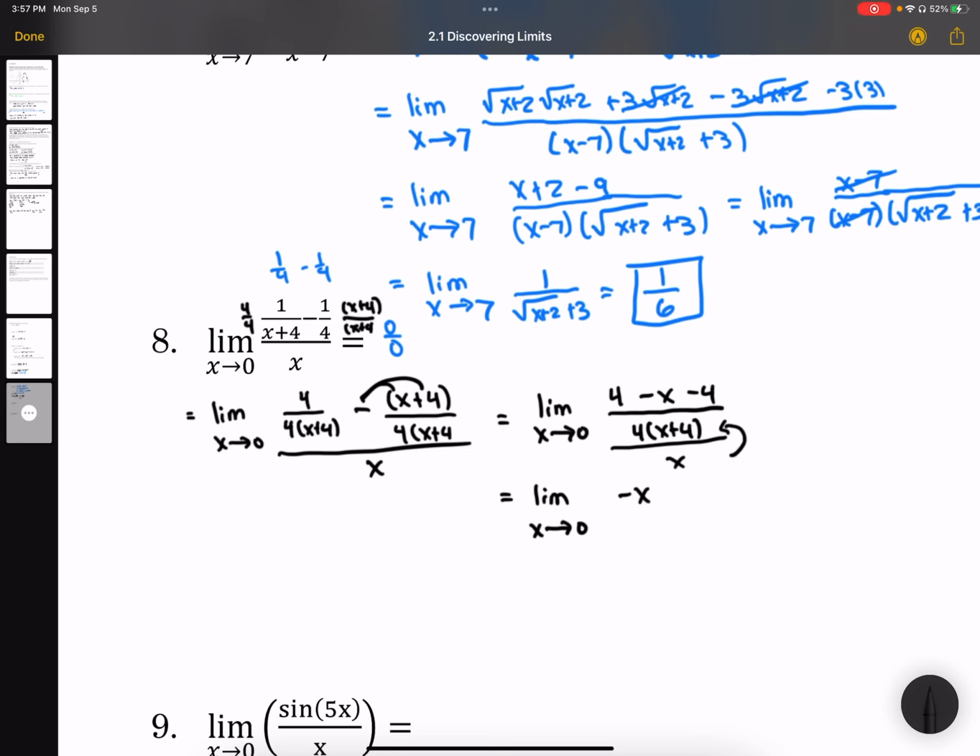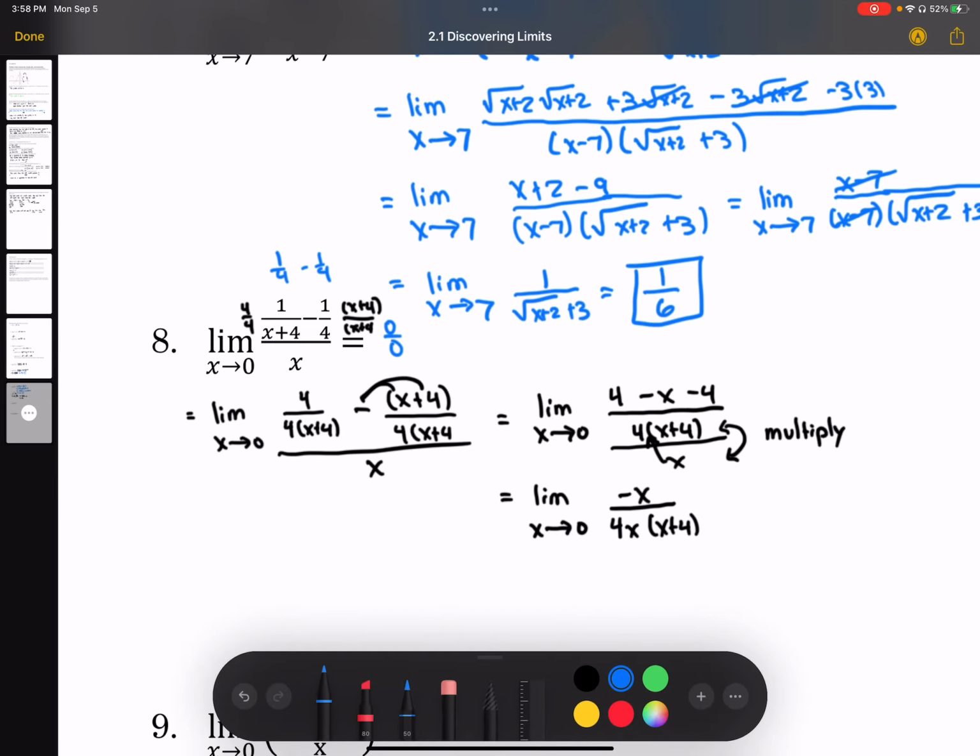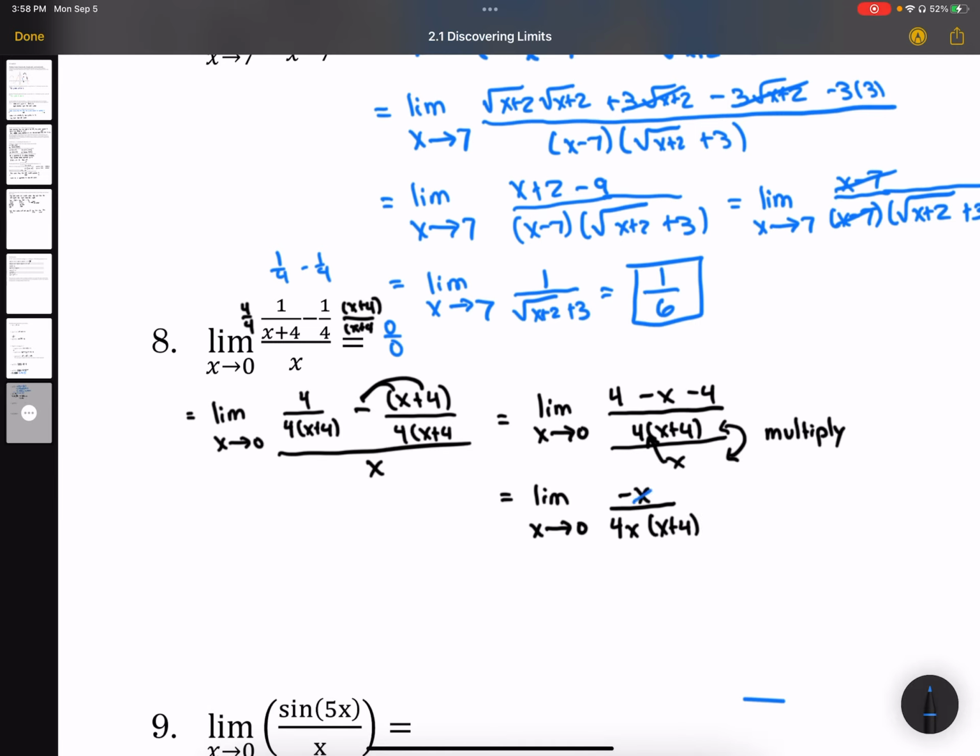And anytime we have two denominators, we can just join them by multiplying. So we're going to have negative x divided by 4, and this x is going to be multiplied by that 4. So 4 times x plus 4. And we should notice that negative x divided by x is going to give us -1.